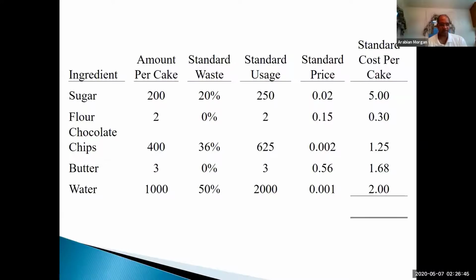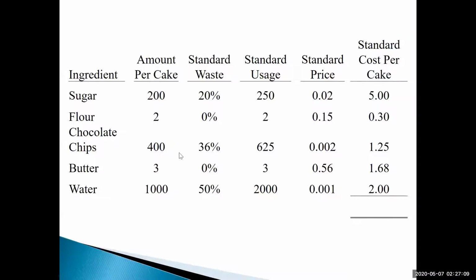Why doesn't it say 400? The 8,000 morsels of chocolate chips is to make 20 cakes. So if you only want to make one cake, you need to divide the 8,000 morsels by 20 and you get 400. So that's how we got the 400.